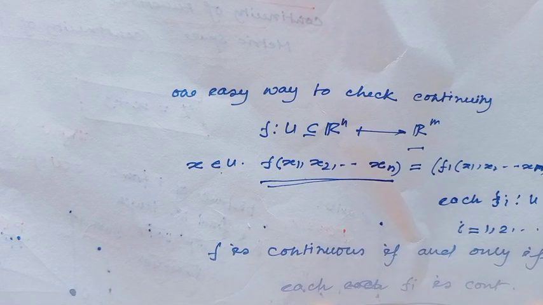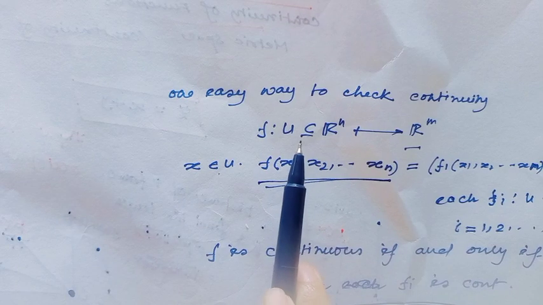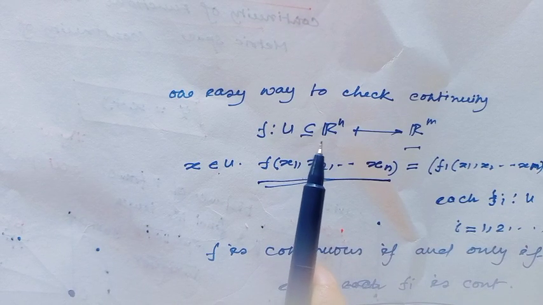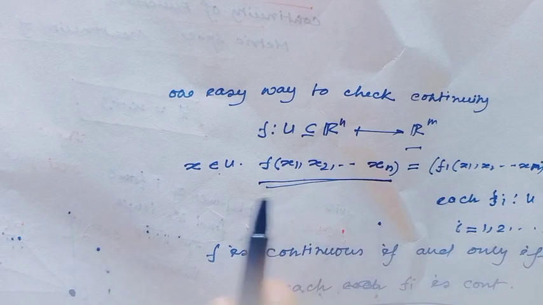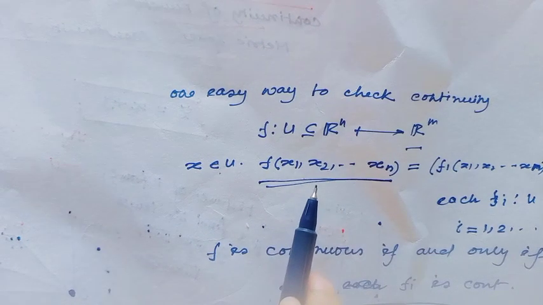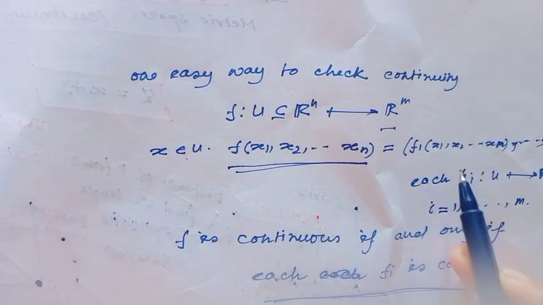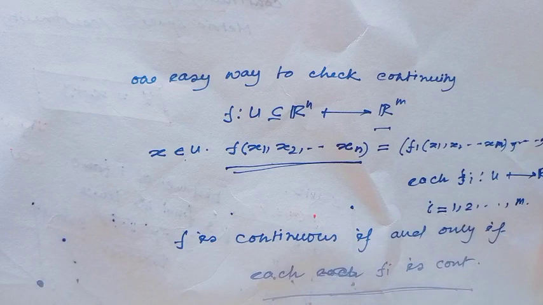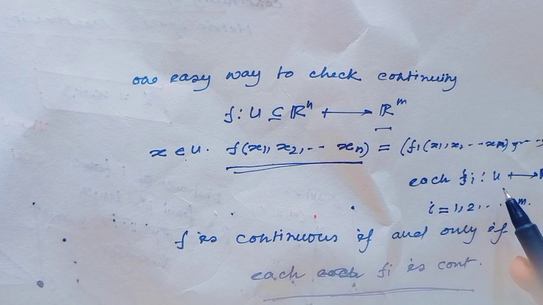This is the component-wise method. Let f be from U, where U is a subset of Rn, mapped to Rm, and x belongs to U, then f of x1, x2, up to xn equals f1 of x1, x2, up to xn, up to fm of x1, x2, up to xn, where each fi maps from U to R, for i equal to 1 up to m.